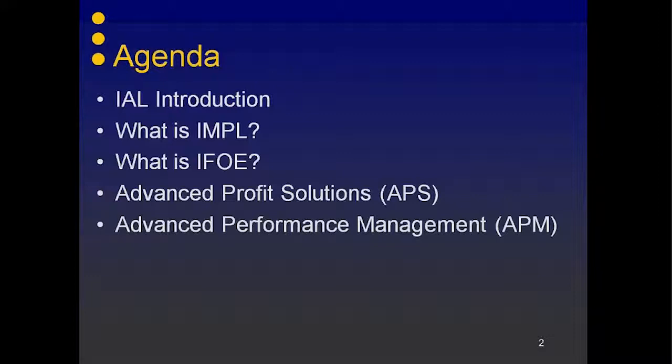Then we'll get into some examples around advanced profit solutions. Really, this is just a nicer way of saying planning and scheduling types of solutions, APS. Then we'll talk about some advanced performance management stuff, which is really advanced production accounting, property tracking, process monitoring. The reason we use the word advanced in front is that we're typically using more advanced techniques like statistics and optimization, versus basic stuff that you would see with some other types of applications.